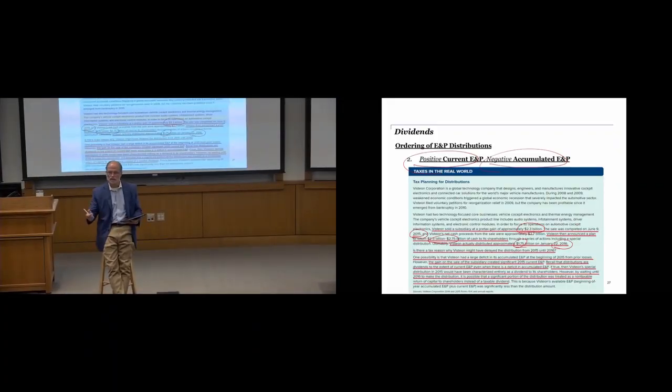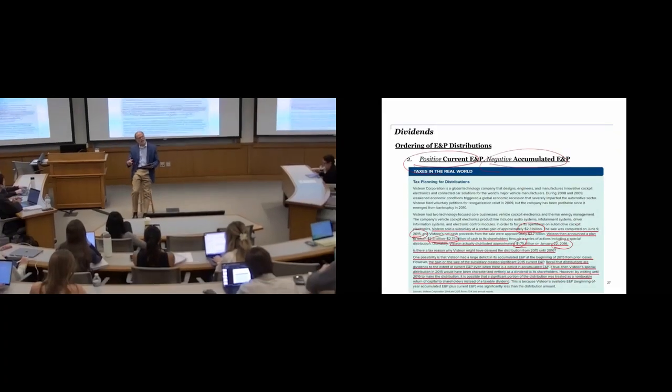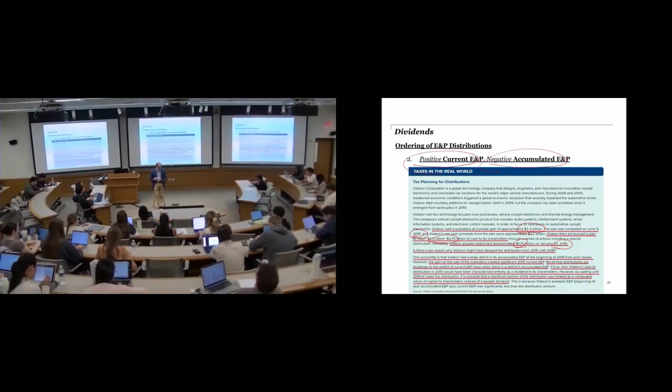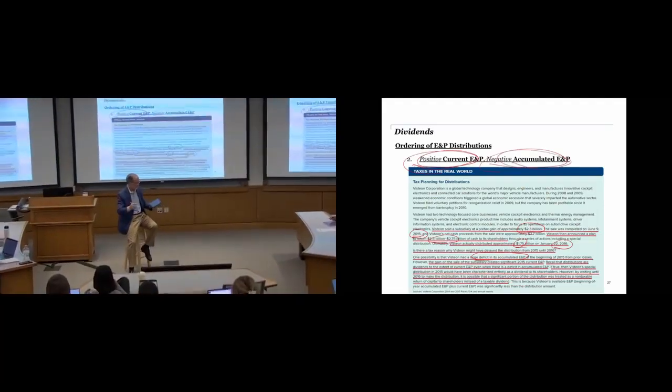So this blurb here is asking why did they wait? Okay? Is there a tax reason why they may have waited? One possibility is that it had a large deficit in accumulated E&P at the beginning of 2015. So that they might have been in positive current because I had a life event. I sold something and had a big whopping gain, but I had lost money over time.